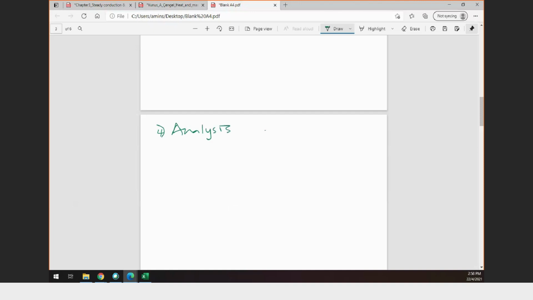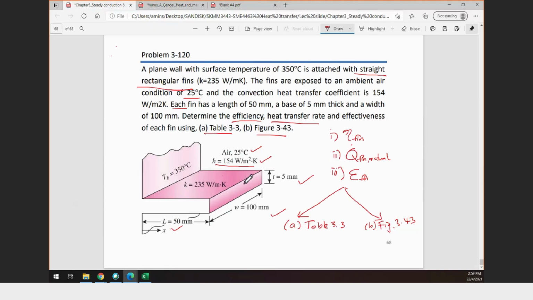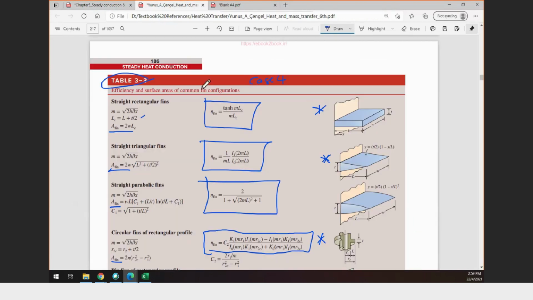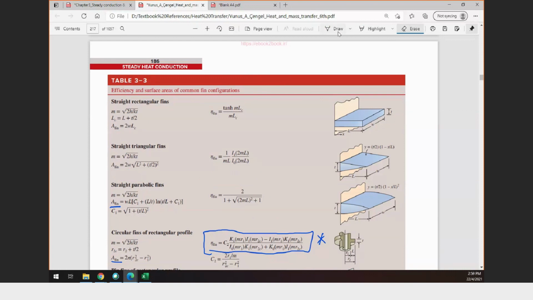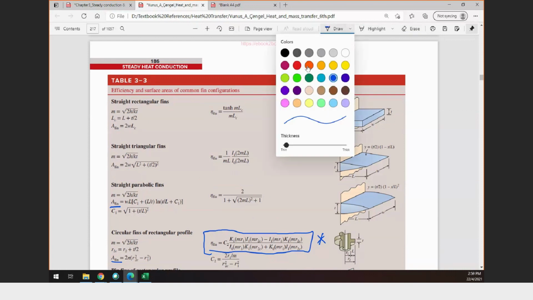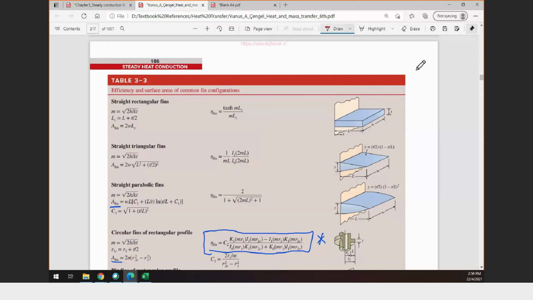Using the information given, first we need to use a table. So you open the tables, this table. You may use only this geometry.